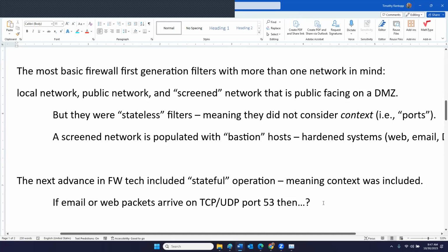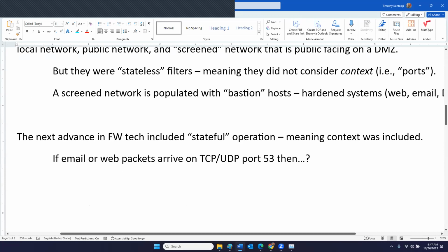Does that sound right? Are you supposed to be getting email or web on port 53? No, you're not. That doesn't sound correct. Yeah, if it isn't a DNS packet, if the information in that packet isn't DNS, then you have an issue, right?